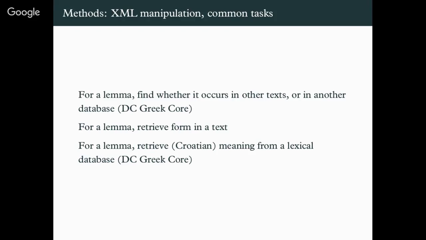Also, we wanted to go in the opposite direction. When we had a lemma, we wanted to see whether it occurs somewhere else, either in our texts or in another database. We will see that we used another database soon. We also wanted to retrieve all forms of a lemma from a text, and to retrieve a meaning, in our case a Croatian description, from a database where such descriptions are stored.